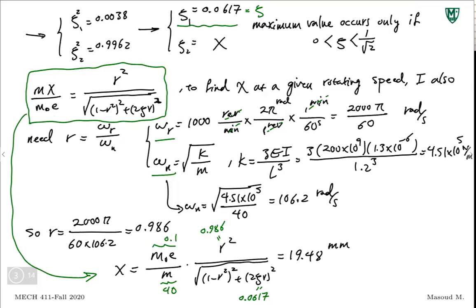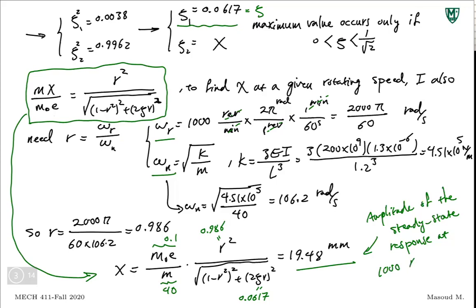So knowing the properties of the system, that's exactly what you're trying to find. This is the amplitude of the steady state response at 1000 RPM, the speed of the fan.